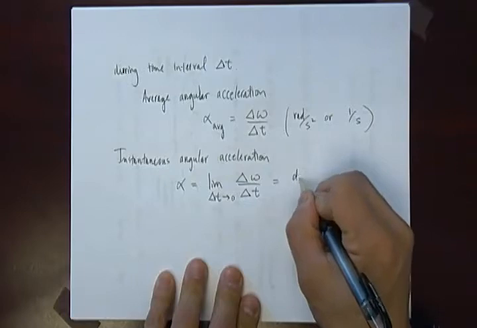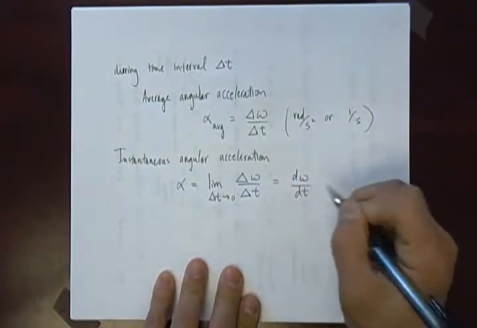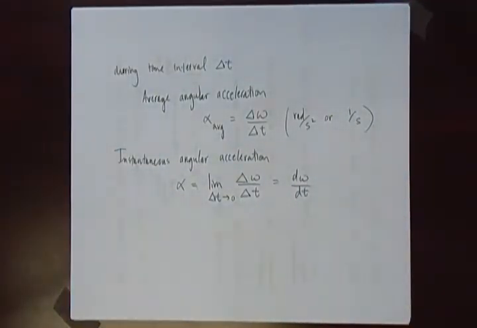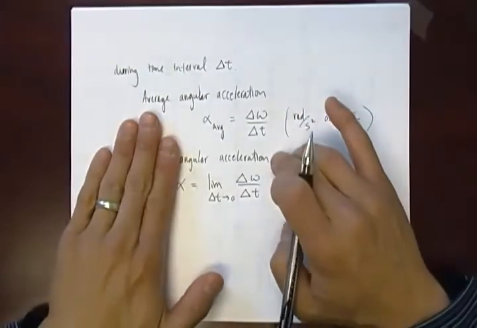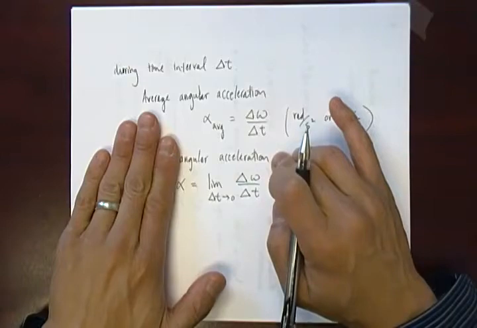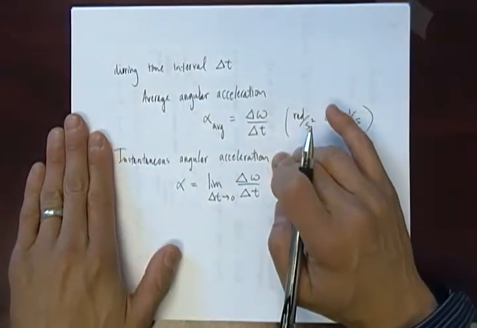Okay, and that gives us the time derivative of the angular velocity. So the instantaneous angular acceleration is the time derivative of the angular velocity. So once again, if we just say angular acceleration, we mean by default the instantaneous angular acceleration.